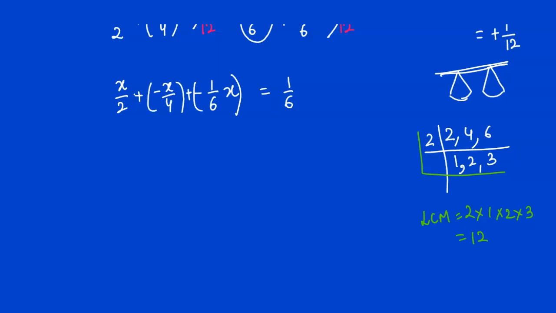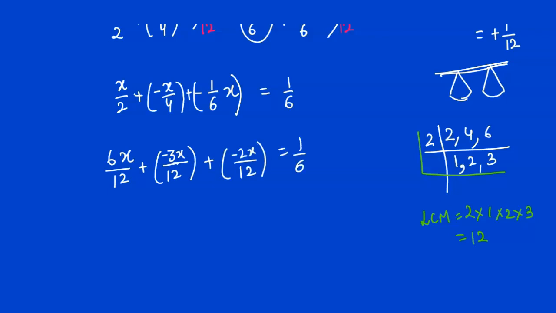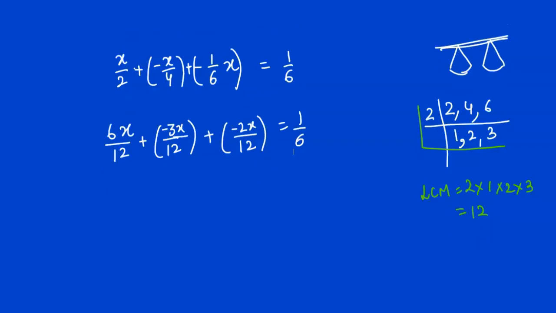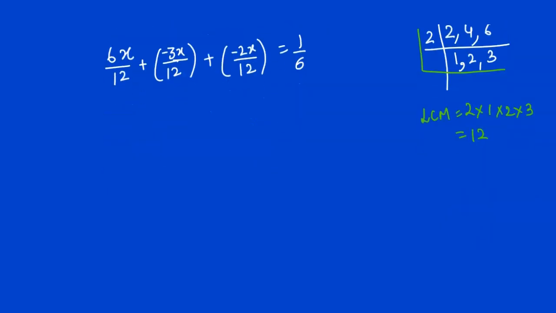So 12 is the LCM, and we get 6x by 12 plus negative 3x by 12 plus negative 2x by 12 is equal to 1 by 6. So upon simplification, I would get x by 12 is equal to 1 by 6.